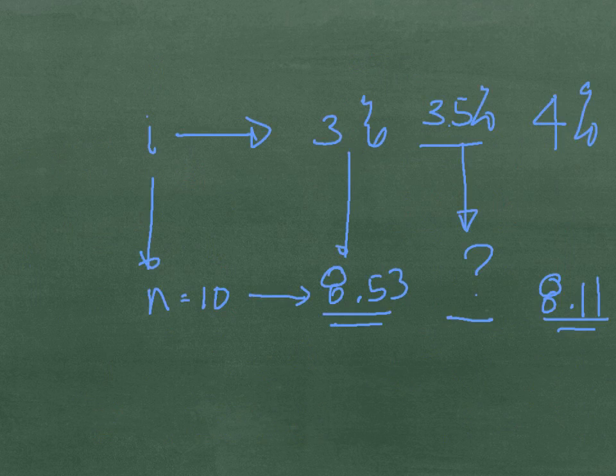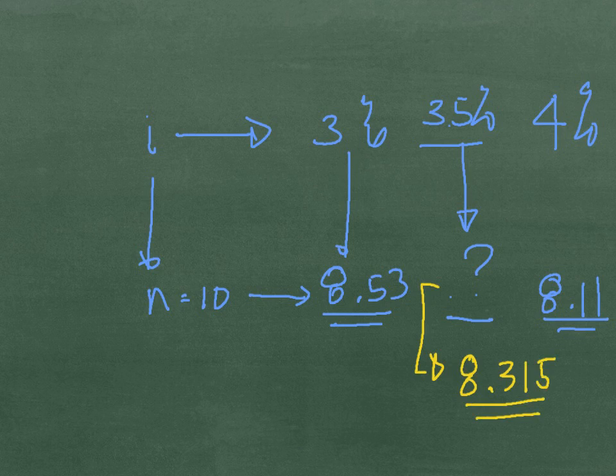So if we go back to our original problem, we are able to solve for this, and that is 8.315. Just for a check, this number, 8.315, should be somewhere in between.